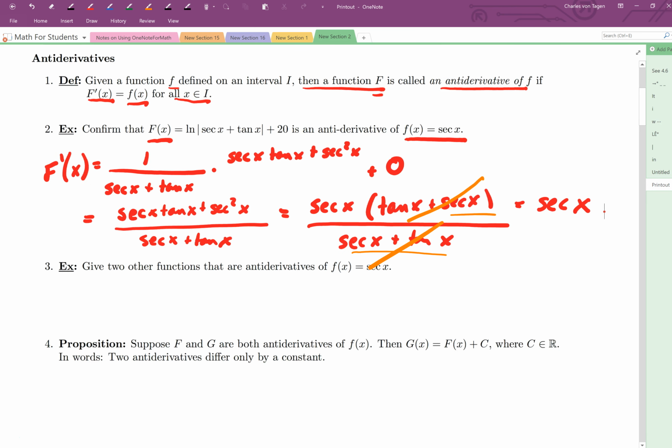Okay, so we're asked to give two other functions whose derivative is the secant of x. So I'll give one.